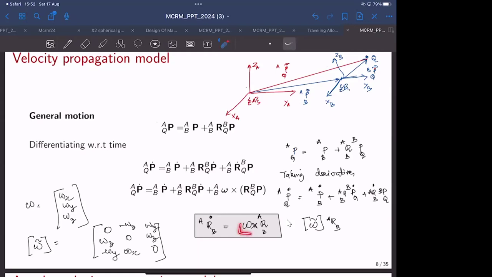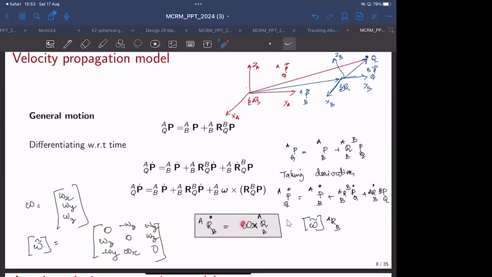So instead of a cross product like this, you can replace this vector by a matrix like this, and then multiply that with this term. Both ways are fine.